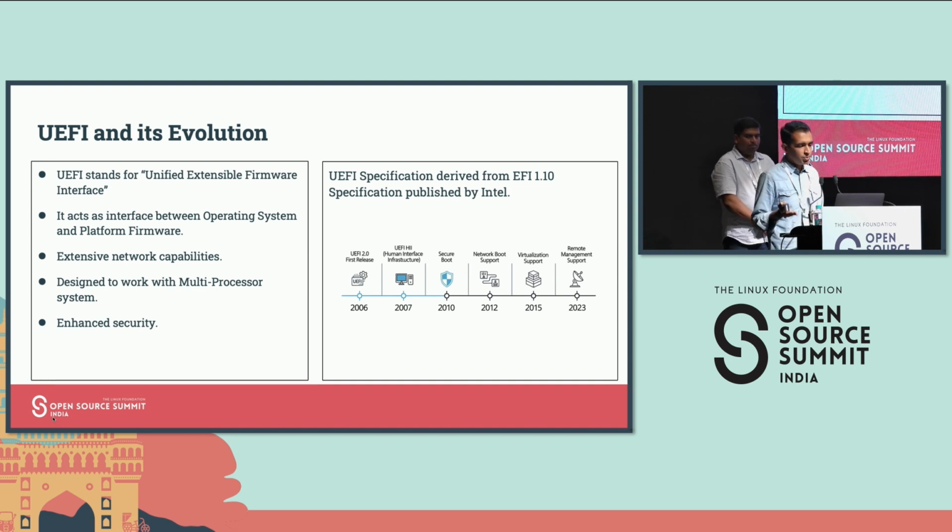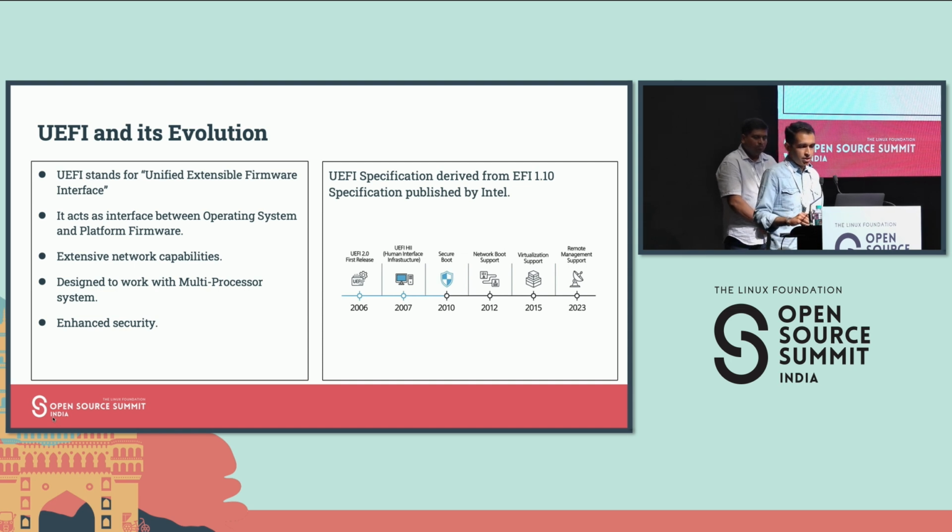The specification itself evolved from the base EFI 1.1 specification that Intel initially published. In 2006, the first UEFI specification got released. Further, HII, the user interaction or UI definition, came in 2007, and later secure boot, network boot, and even virtualization got added.